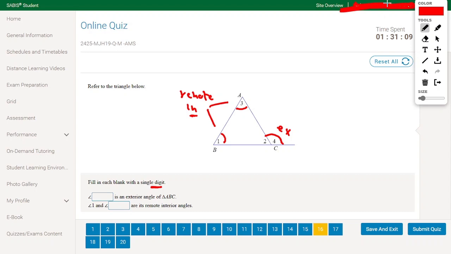I have ABC, so the exterior angle is 4. Now here I have angle 1 plus angle are remote interior angles. So I have 1 and 3. So angle 1 and angle 3 are its remote interior angles. And angle 4 is the exterior angle for triangle ABC.